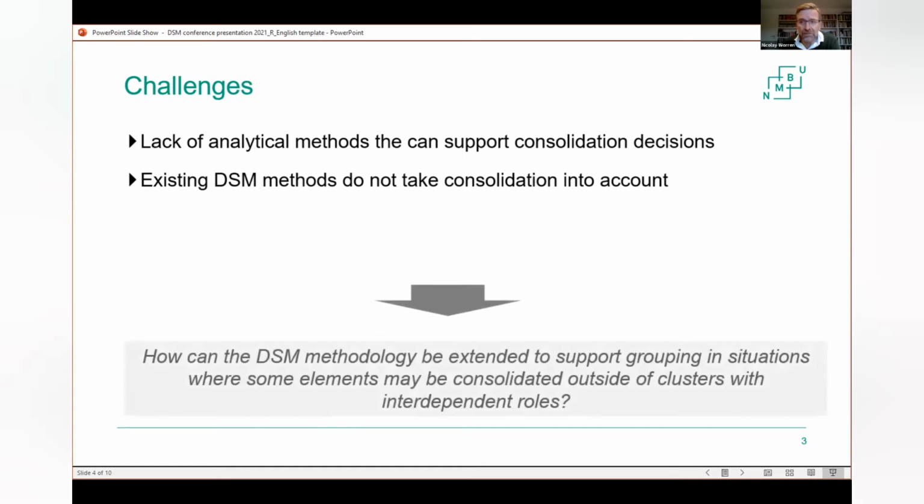So the main question for this work is how the DSM methodology can be extended to support grouping of roles into units in situations where some elements may be consolidated, or where there's value in consolidating certain elements or roles outside of clusters, even when there are interdependencies with the other roles in the units.